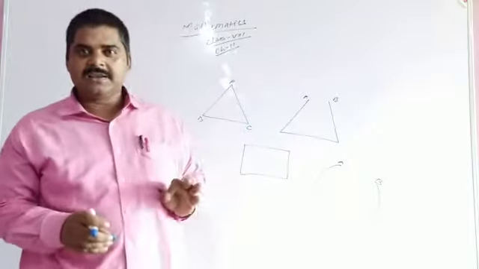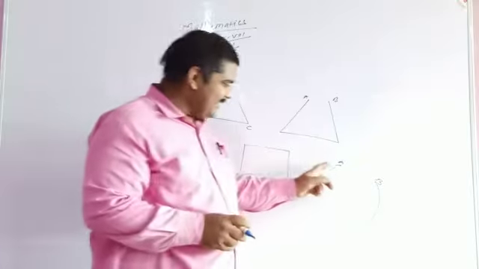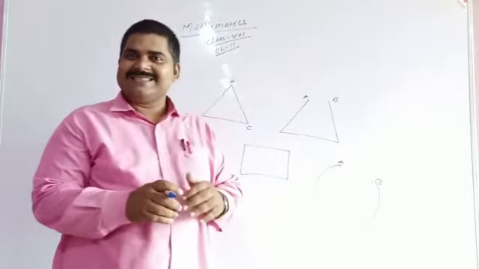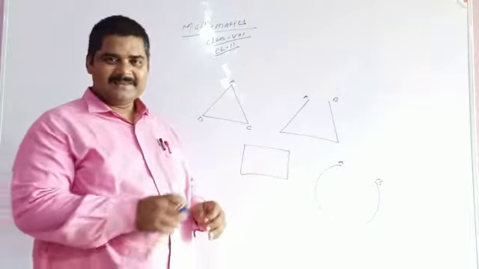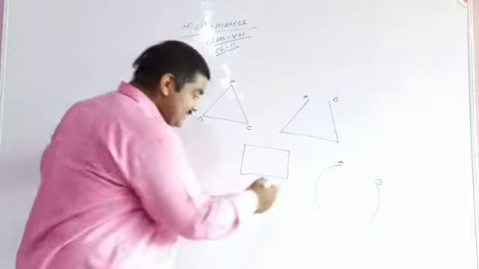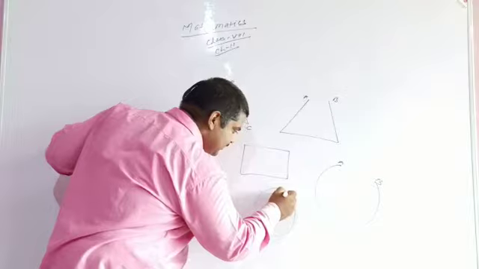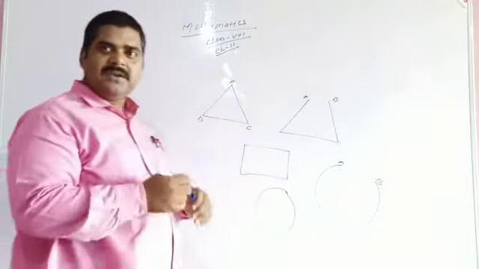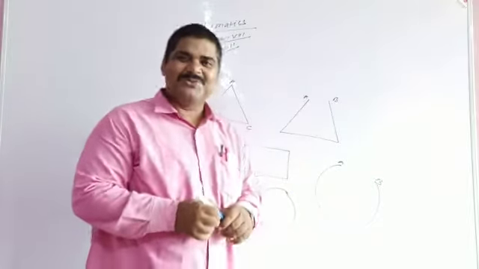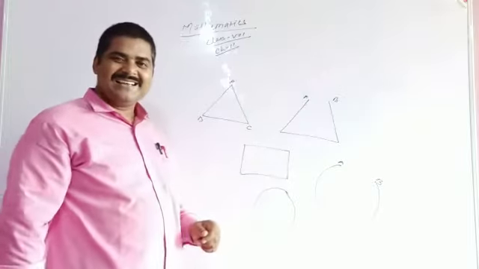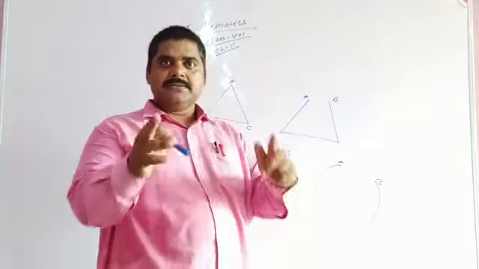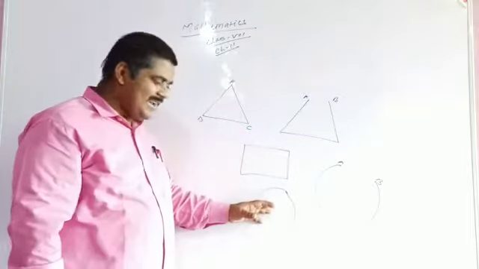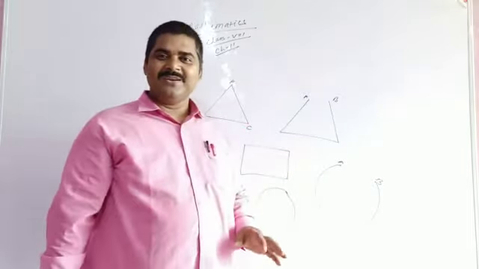All such figures in which initial and final are distinct are known as open figures. And this is also closed. This one is the closed figure, because its initial and final are not distinct, and this is why it is known as a closed figure.